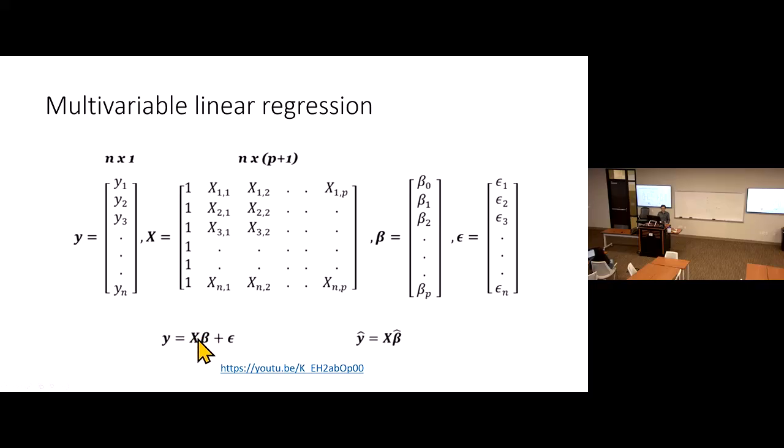So you want to use this to predict y, but you are not able to predict it perfectly, so you have to add an error term. So this error term will be the difference between your prediction and the y in your training data.